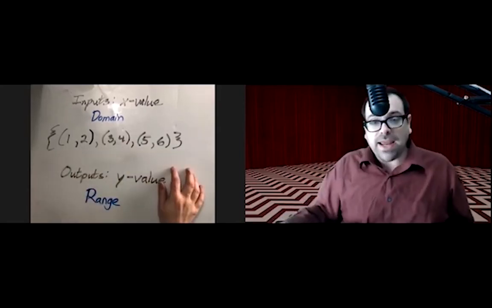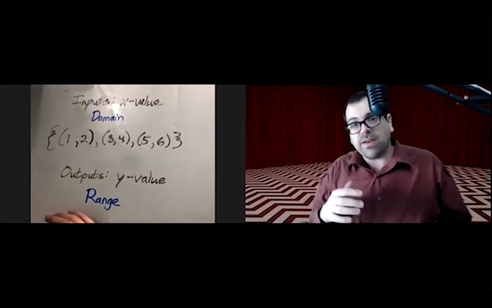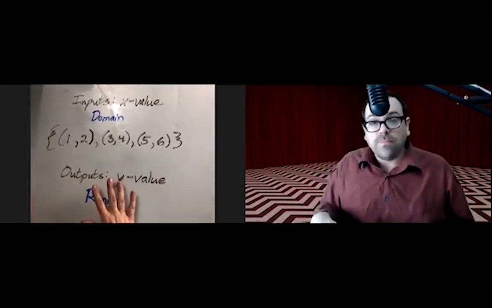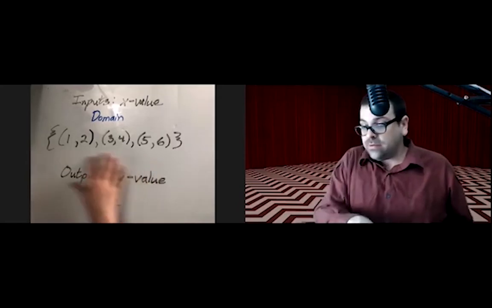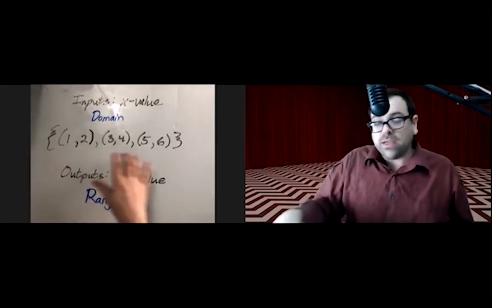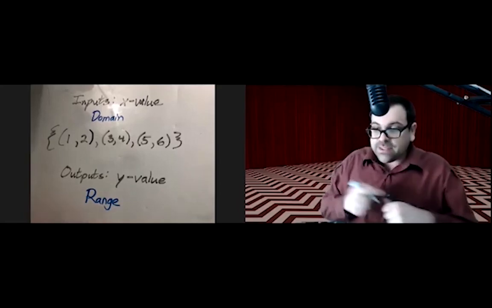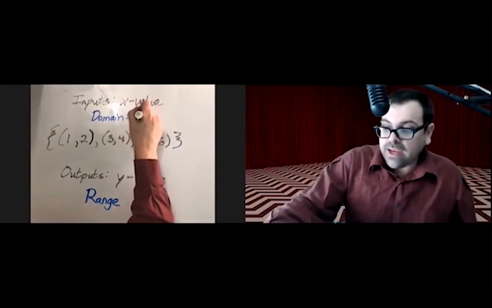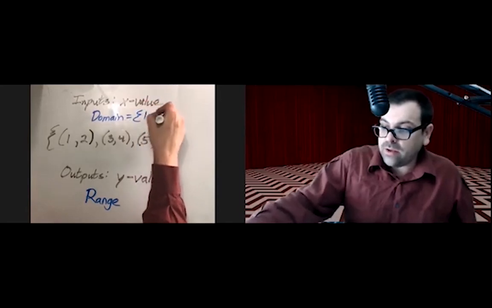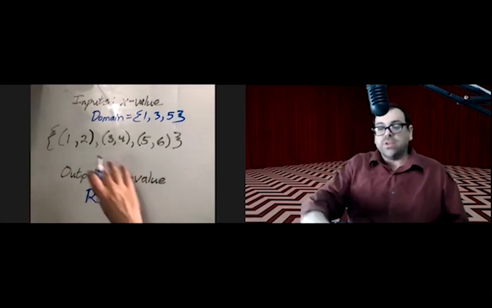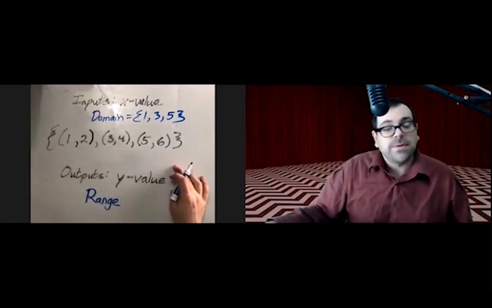So here you might ask, would 7 give an output of 8? And here the answer would be no. The input of 7 does not exist. There are only 3 inputs here. The only inputs are the domain, the set 1, 3, and 5. They're the only inputs that this relation has.